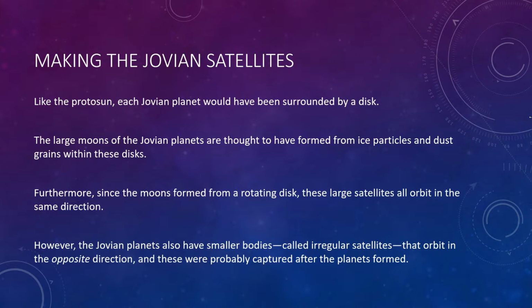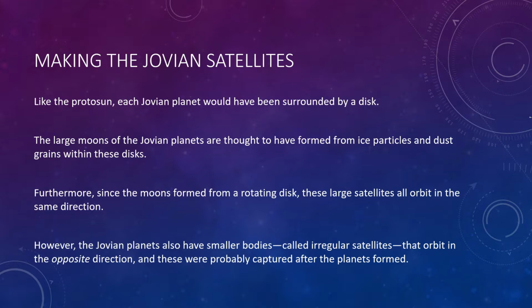Each Jovian planet came to be surrounded by its own disk of gas, spinning in the same direction as the planet rotated. Moons that accreted from ice-rich planetesimals within these disks ended up with nearly circular orbits going in the same direction as their planet's rotation and lying close to their planet's equatorial plane.